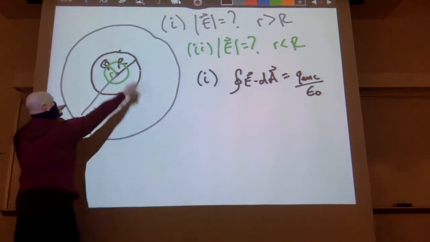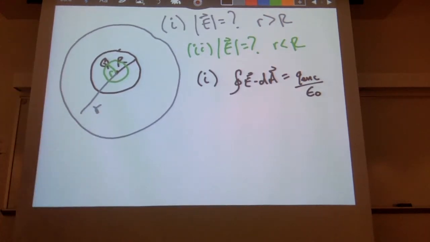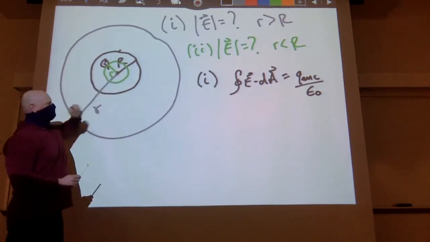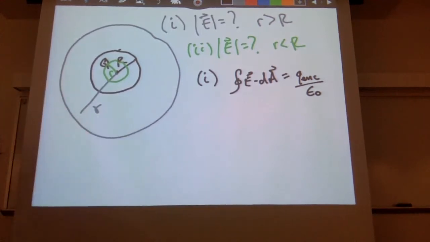Now, according to this gray sphere, how much charge is enclosed inside of that gray sphere? How much charge of this sphere is enclosed inside of this gray sphere? All of it, right? So capital Q. So we know the right-hand side is simply going to be capital Q divided by epsilon naught.